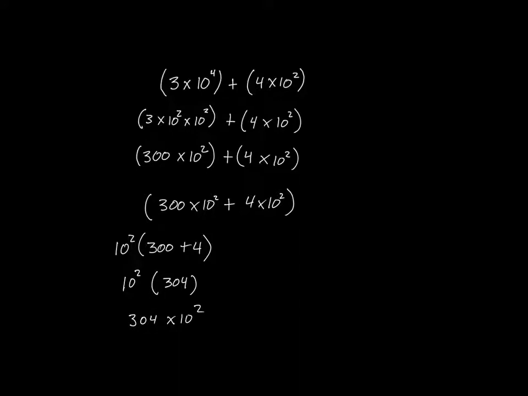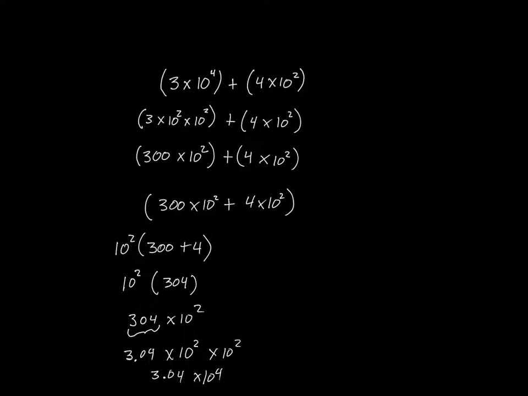And we're going to work only with the 304, and that will give us 0.04 times 10 to the 2nd times 10 to the 2nd. That will give us at the end 3.04 times 10 to the 4th.